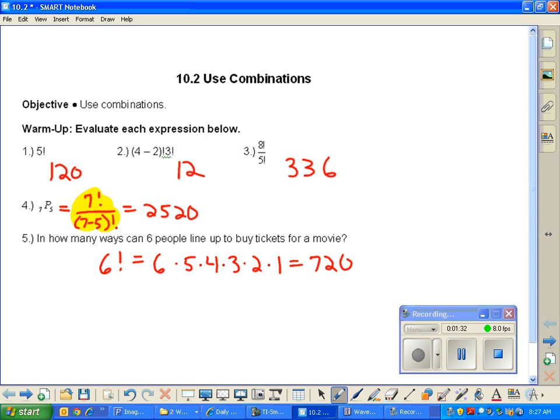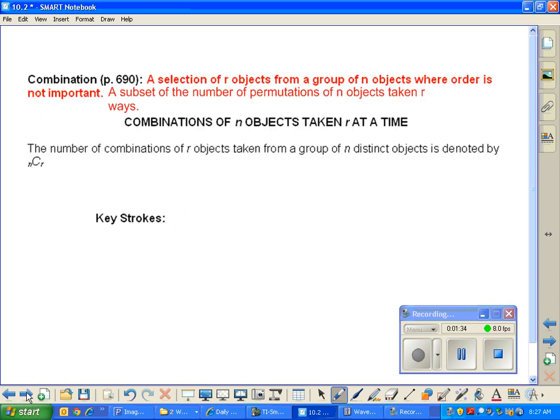So now we're going to take a moment right now to jot down the definition of the word combination. A combination is defined as a selection of r objects from a group of n objects where order is not important. That's the key phrase there, not important. With permutations it was.